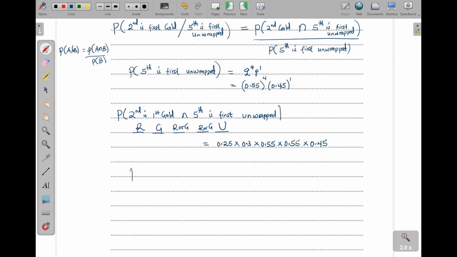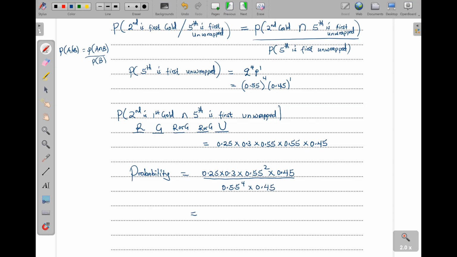Now the required probability is going to be equal to 0.25 times 0.3 times 0.55 squared, then 0.45, out of what we got here as 0.55 to the power 4, then times 0.45.